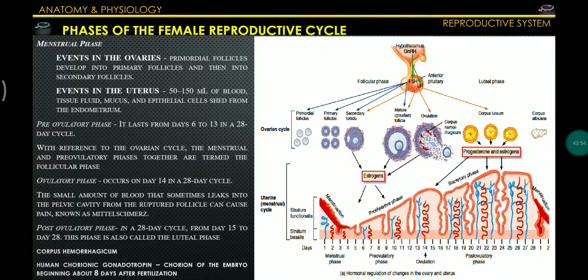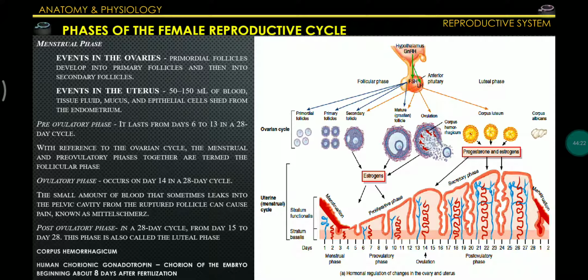Coming to the phases of the female reproductive cycle. The female reproductive cycle consists of different phases: menstrual phase, pre-ovulatory phase, ovulatory phase, and post-ovulatory phase. They are also called the menstrual phase, follicular phase, and luteal phase.